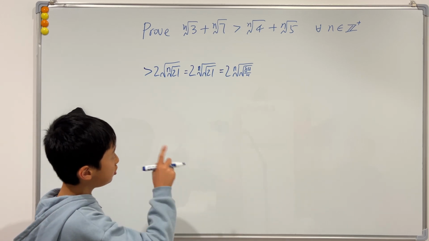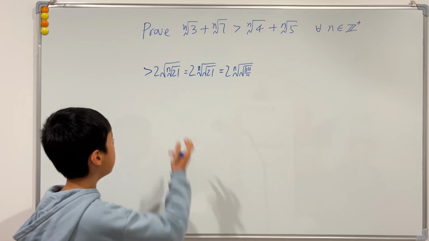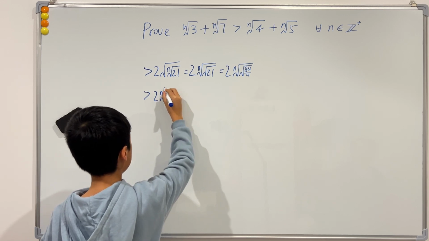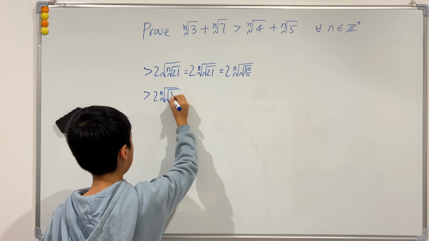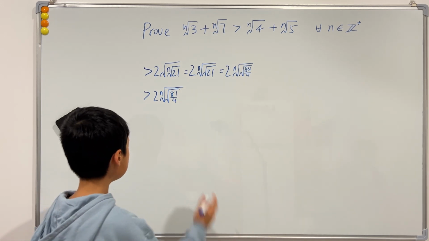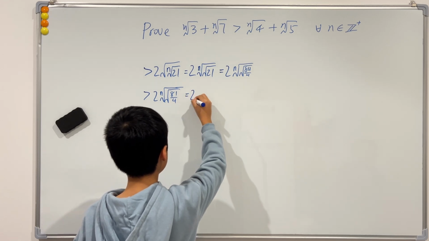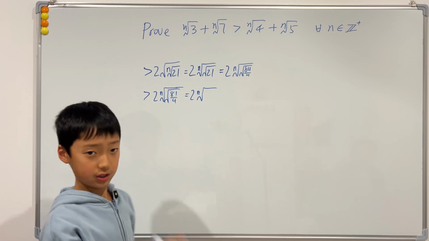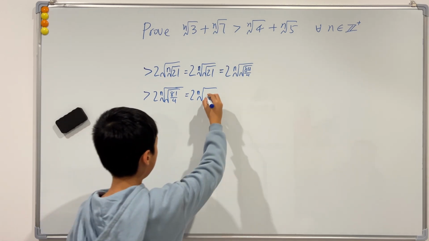So, if we change 84 to 81, then we know that it must be greater than 2 times the nth root of the square root of 81 over 4, right? So this is just equal to 2 times the nth root of 9 over 2, which is just 4.5.